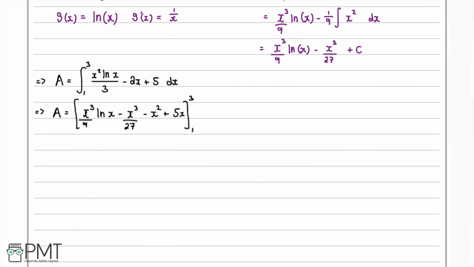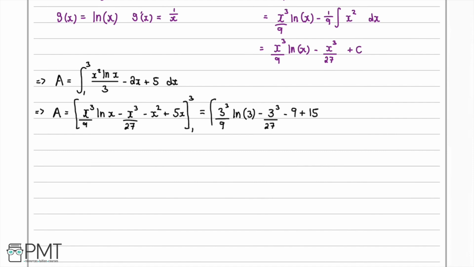So this is going to be equal to, by first taking our upper limit 3 and substituting this in, we're going to have 3 cubed divided by 9, and we multiply this by ln of 3, and then we're going to subtract 3 cubed over 27, and then we subtract 3 squared, which is going to be 9, and then we add 5 times 3, which is 15.